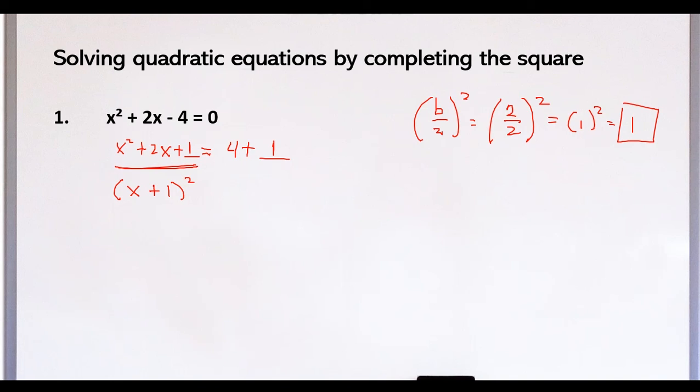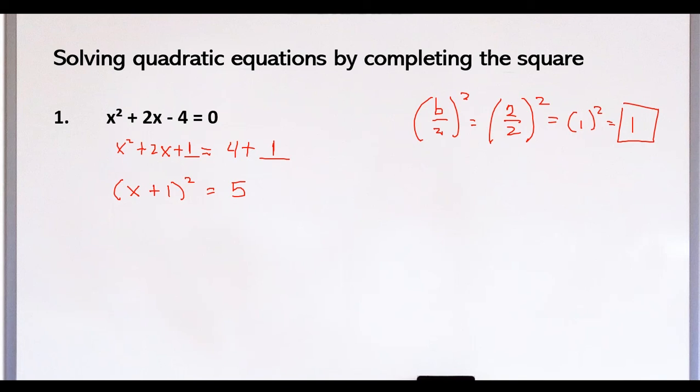How can I easily get that? Just look at the value of b, which is 2, and divide that by 2. 2 divided by 2 will give you 1. That's why we have here (x plus 1) squared equals 4 plus 1. Now we go to the right side and simplify 4 plus 1, which will give us 5.